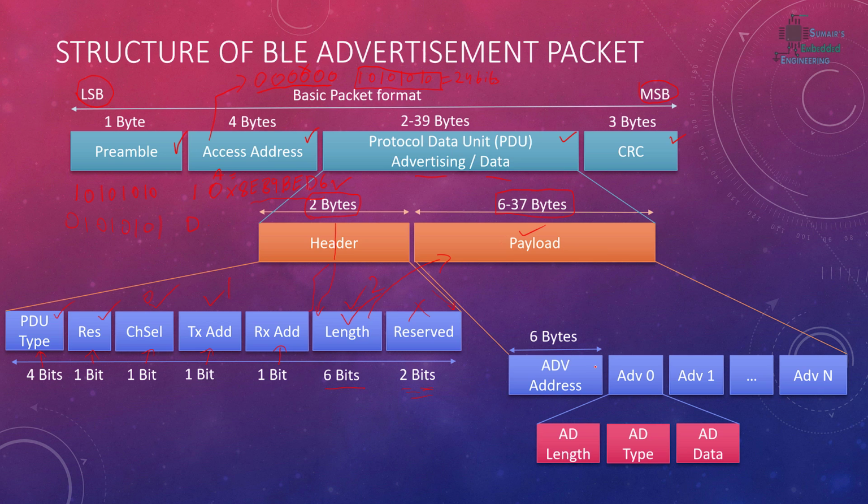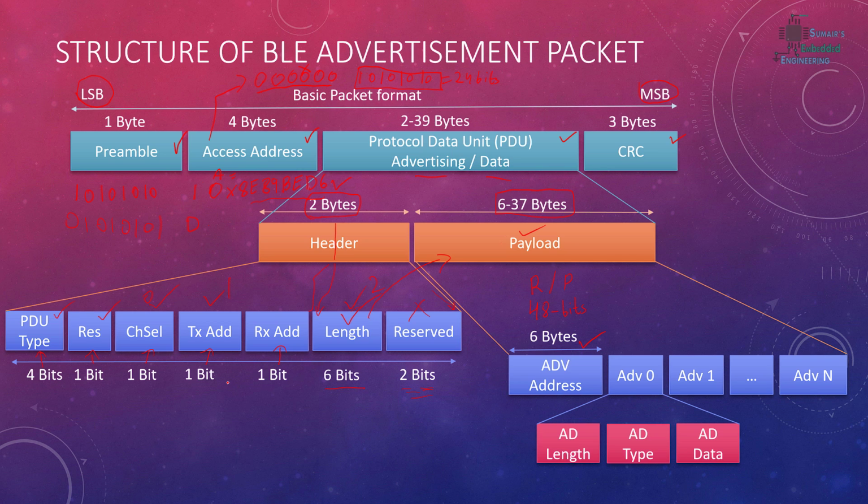In the payload, the first 6 bytes represent the address of the advertising device. For example, if I am the slave device, the slave device will have its address, which is a 6 byte or 48 bit long address, and this address can be a random or a public address.